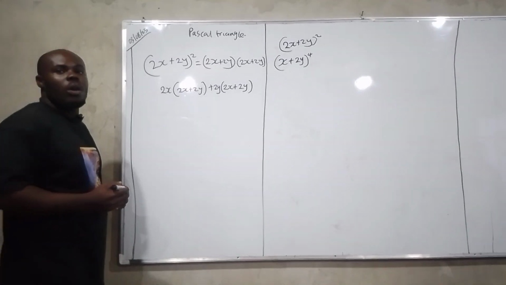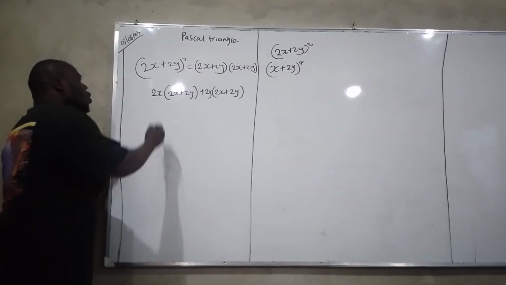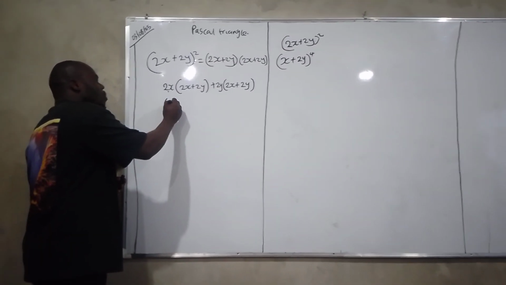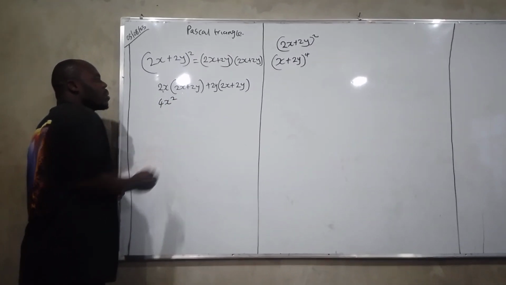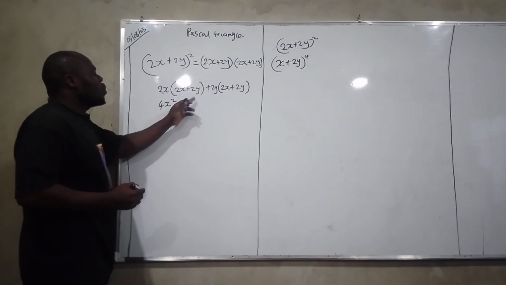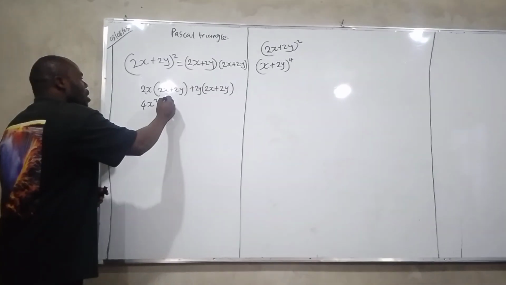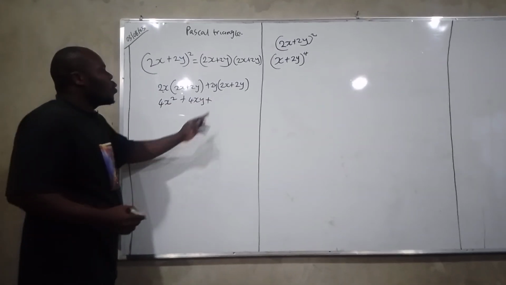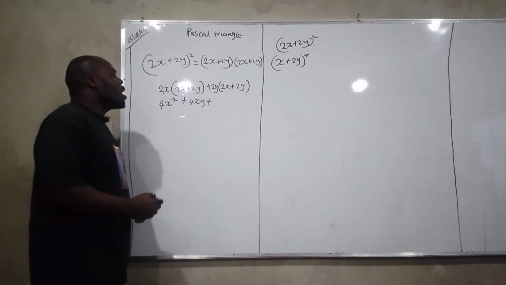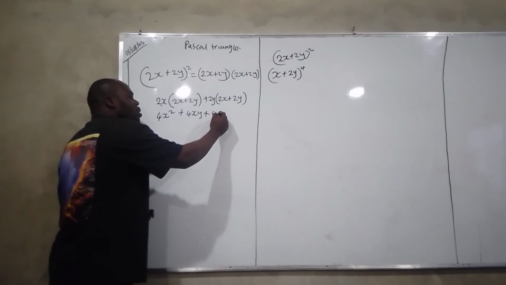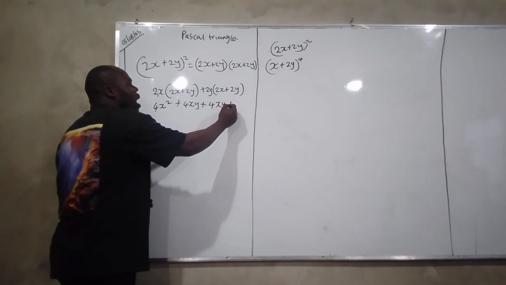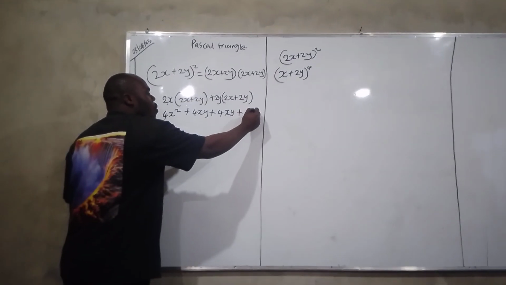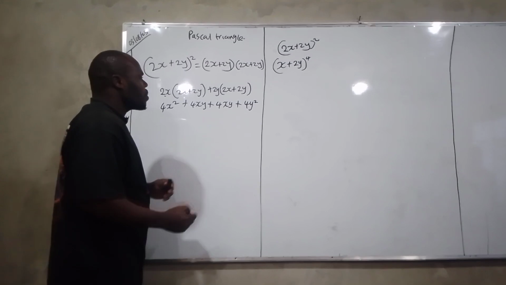Now, in our simple expansion, we just multiply. Your 2x multiplied by 2x is 4x squared. Your 2x multiplied by 2y is equal to 4xy. Your 2y multiplied by your 2x is the same, 4xy, and your 2y multiplied by your 2y is 4y squared.